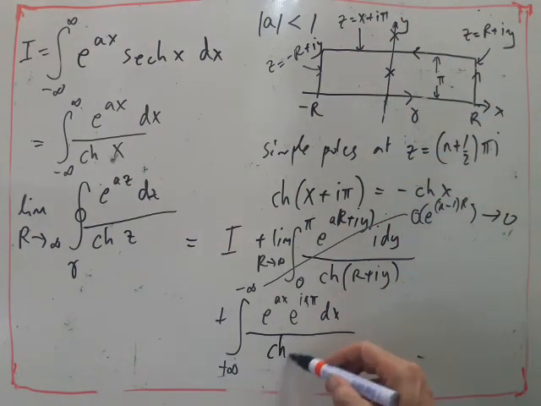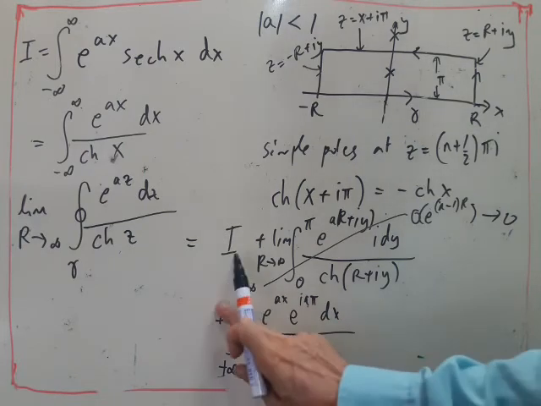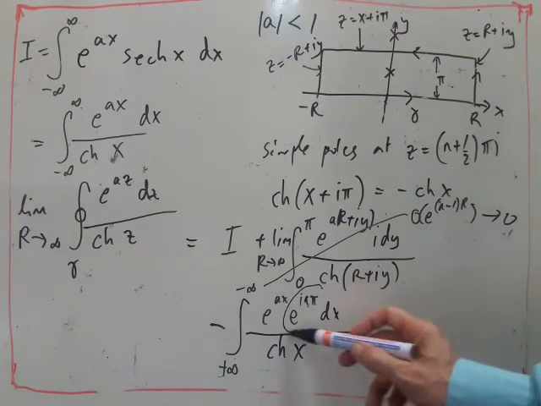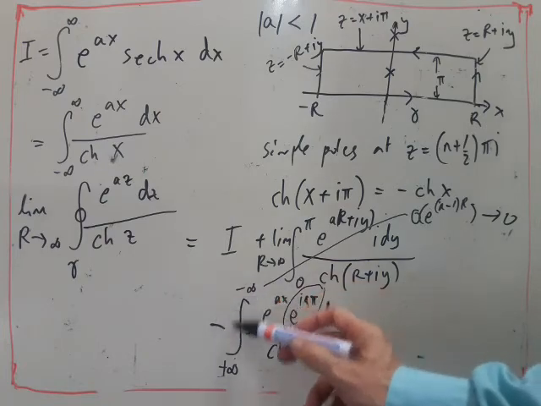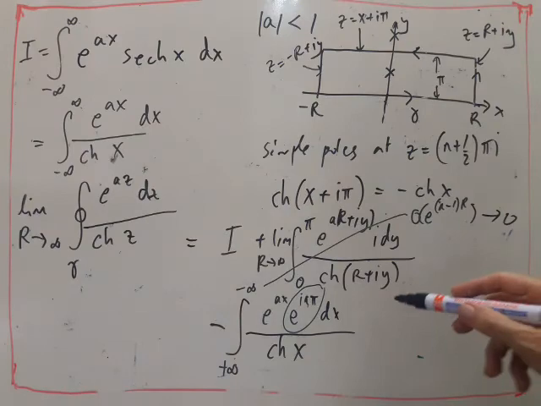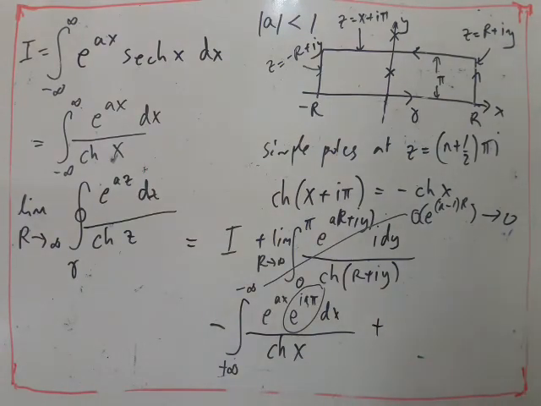So we end up with cosh x on the bottom, and we change this to a minus sign. This is looking hopeful, because this is just a constant, which we can take outside, and then this thing here is precisely minus I. Okay, so it looks like we'll be fine.